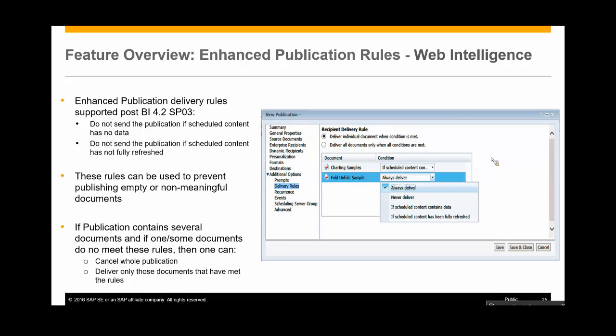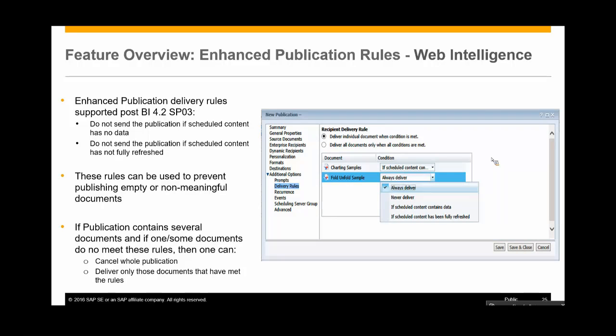In case the publication has several documents and some documents meet these rules and some do not, there are options provided to cancel the whole publication or deliver only those documents which have met the rules. That is essentially what you see on the screen.